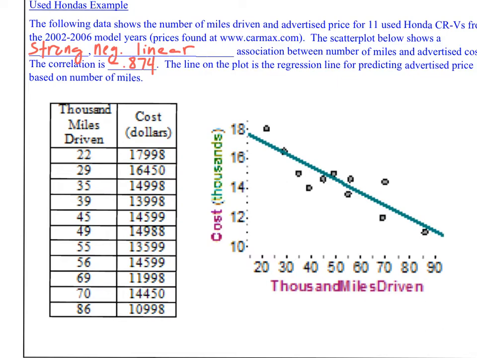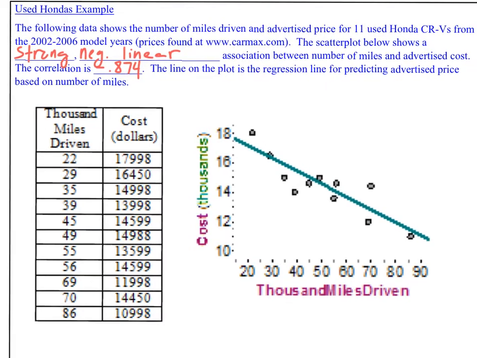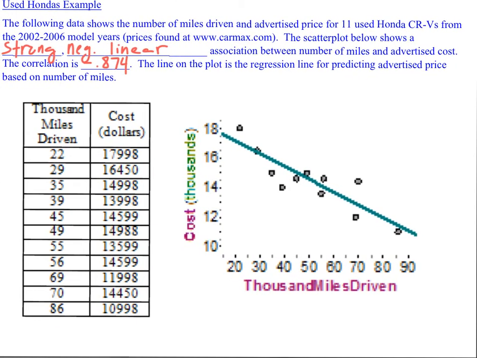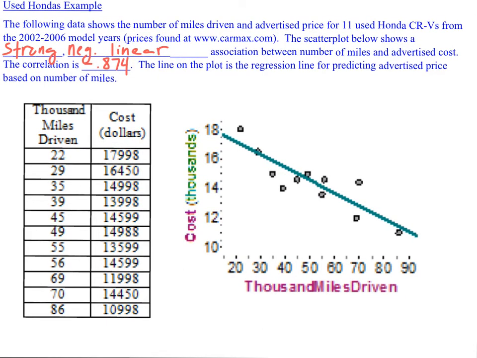Okay? In other words, the regression line that we would get from the calculator, and remember we get that along with R and R squared, might be a useful thing to look at. That line is on the scatter plot, and you can see that the points pretty closely follow a linear trend, and they're not that far off the line.